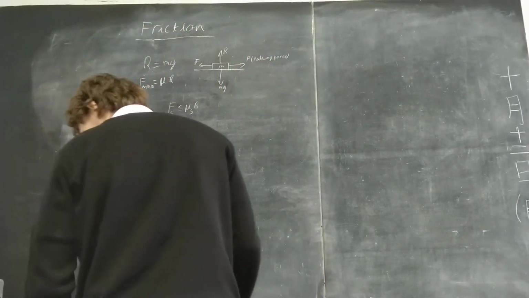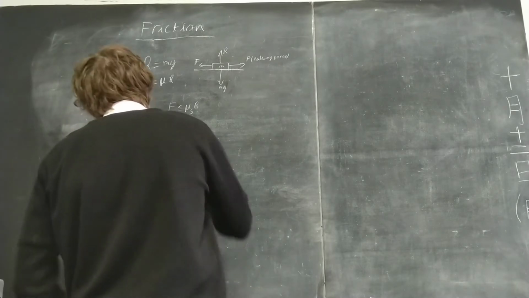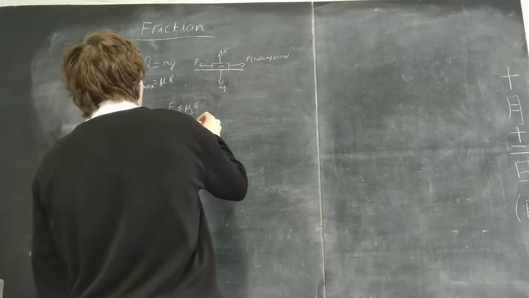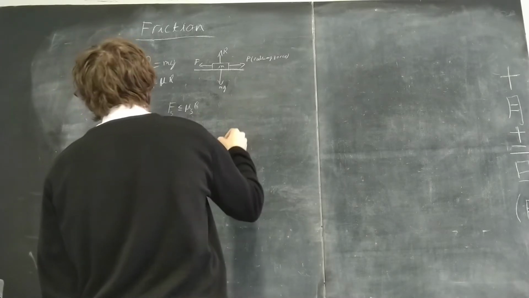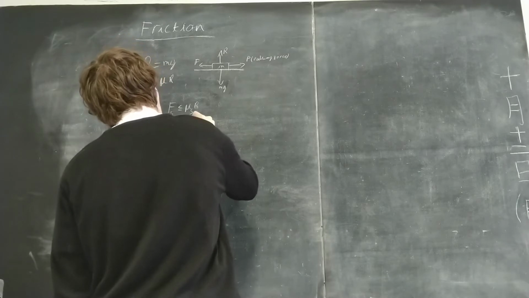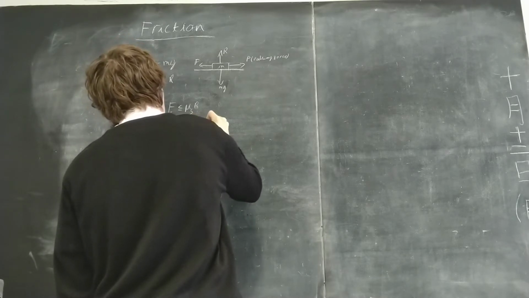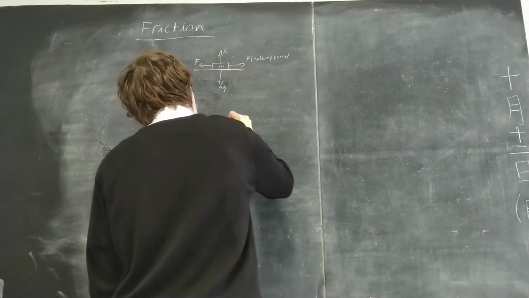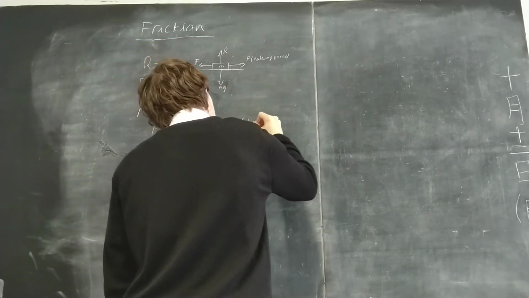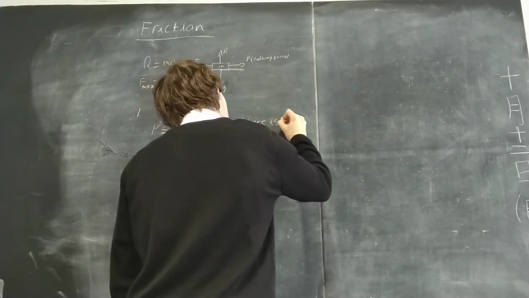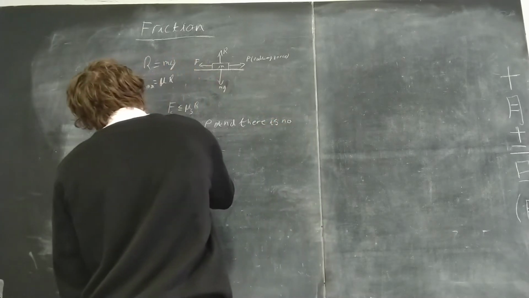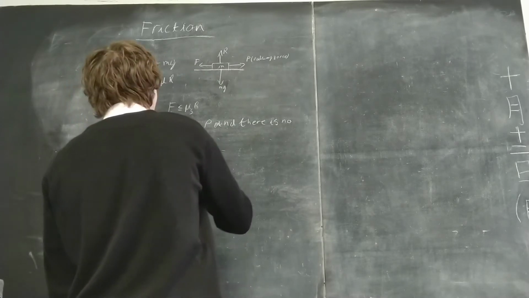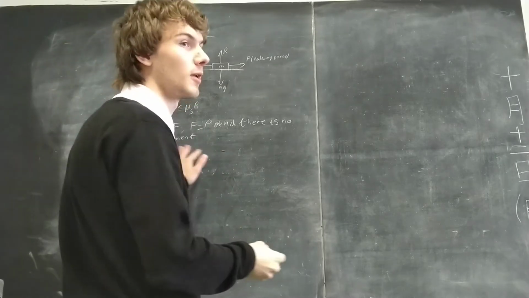Anyway, some things to note: if P is less than or equal to F max, then F is equal to P and there is no movement, because P is not strong enough to break the friction.